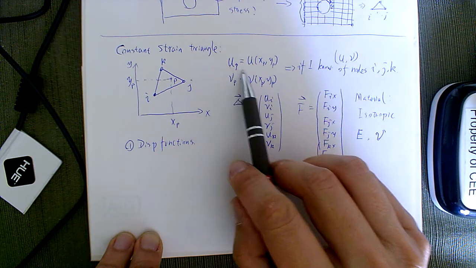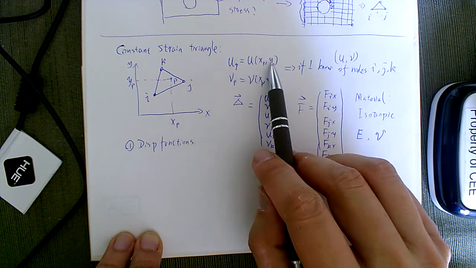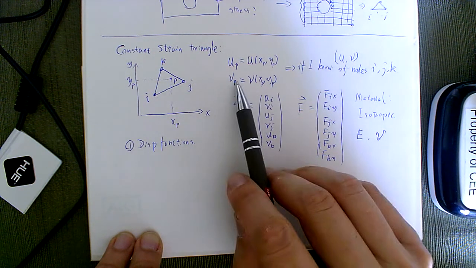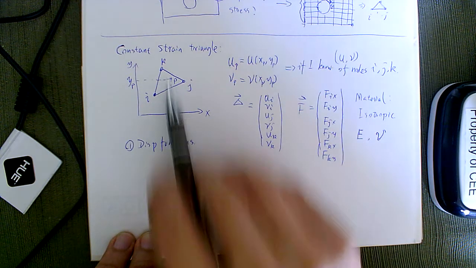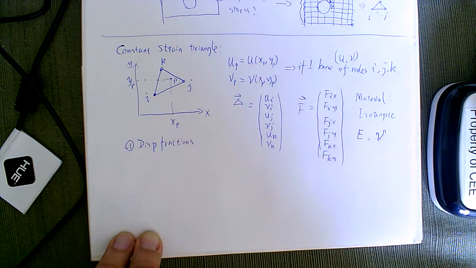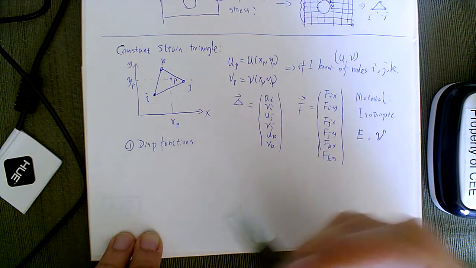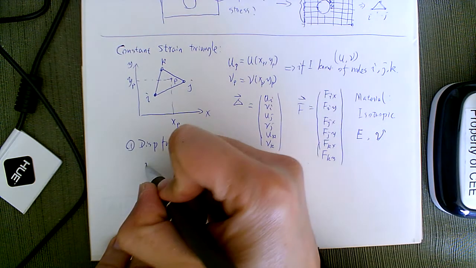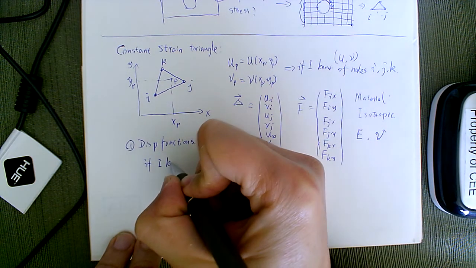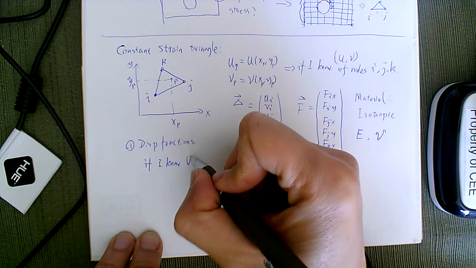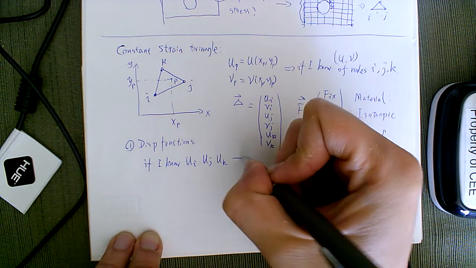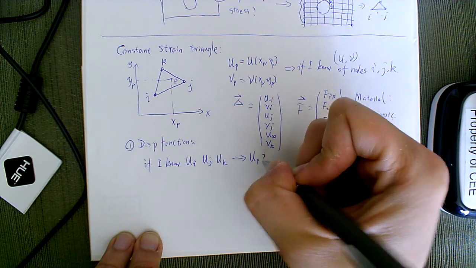So whatever we do on the u, how we formulate it, should also be exactly the same for v, because you can't distinguish which one is x and y if you just look at the element. So let's focus on the u, the x direction. The question is, if I know ui, uj, and uk, can we find up?